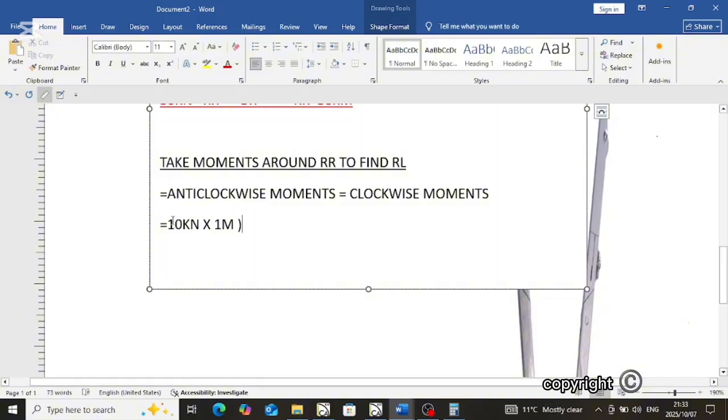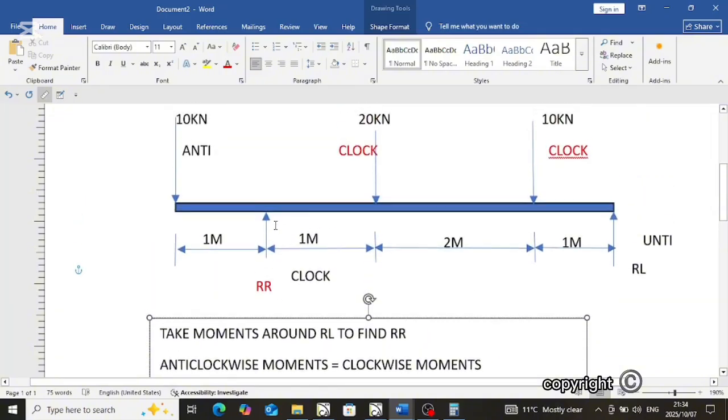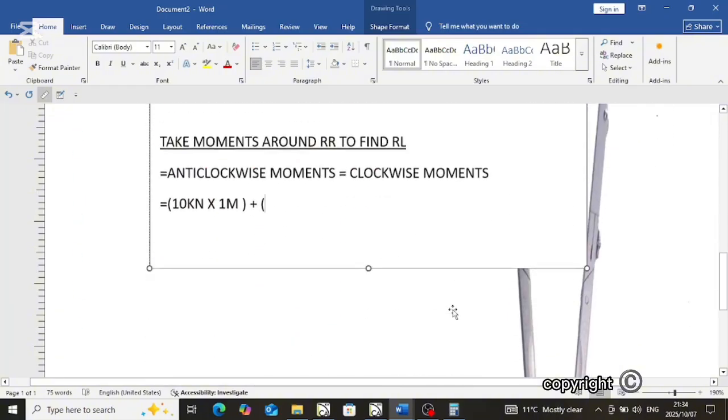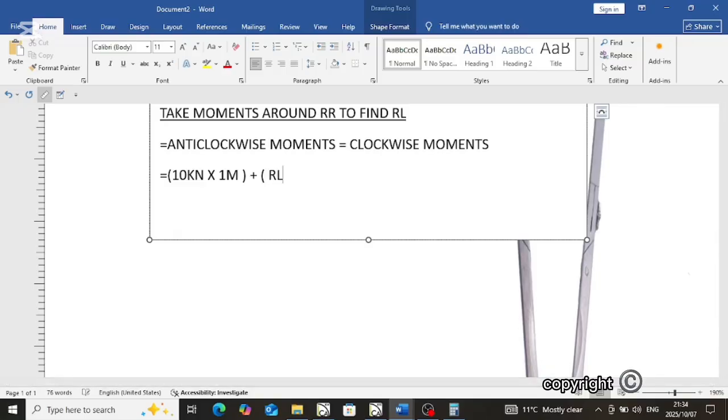Let's start with the first one, which is 10 kilonewton multiplied by the distance, which is 1 meter, plus another one, which is anti.